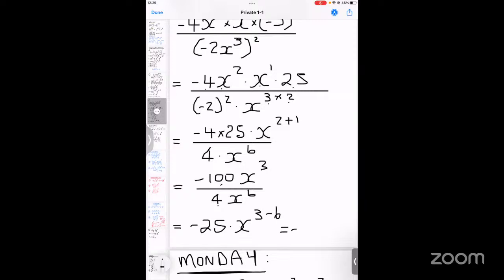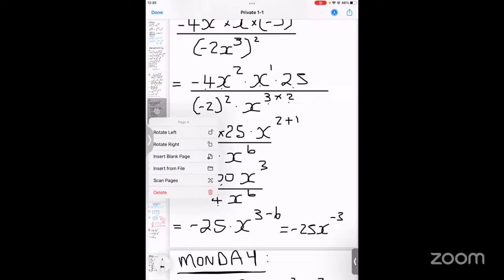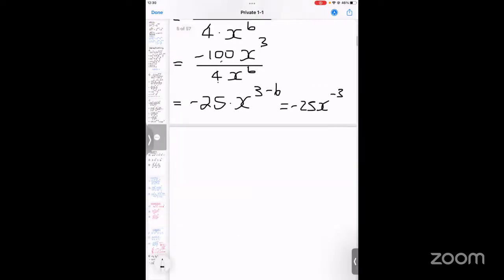Yes, then we have -25 x to the -3. So if you remember, I said we always want to write our final answer as a positive exponent. Maybe let me rewrite this one there so that it will be clear.